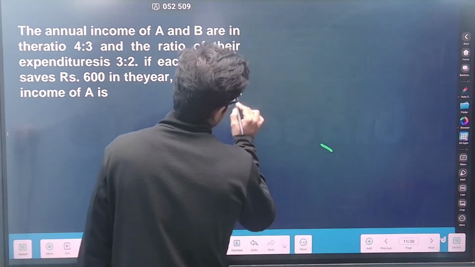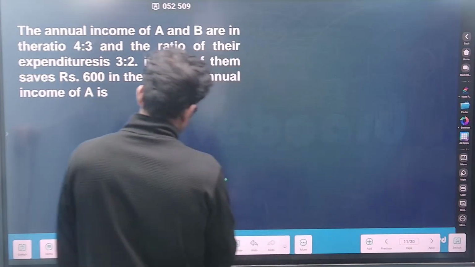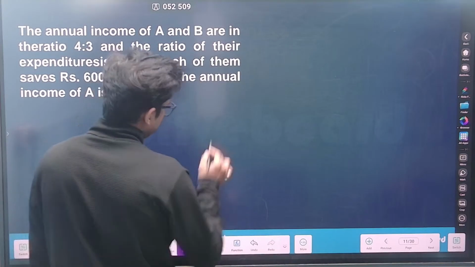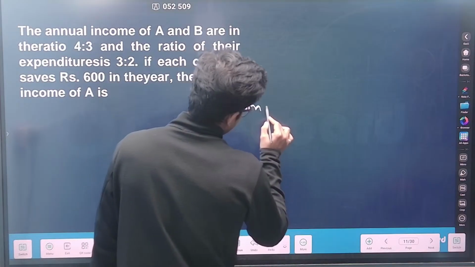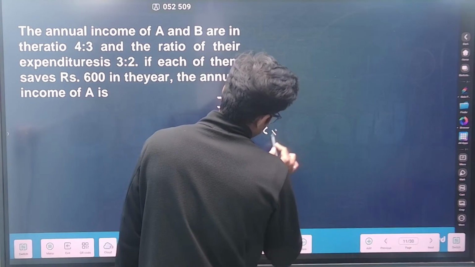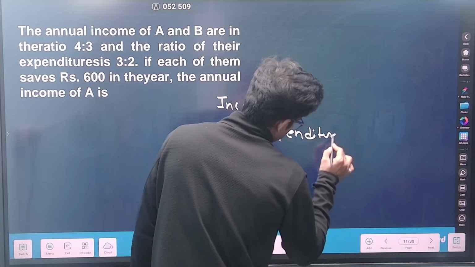Income, expenditure. First you solve, then I'll make you understand. And saving.